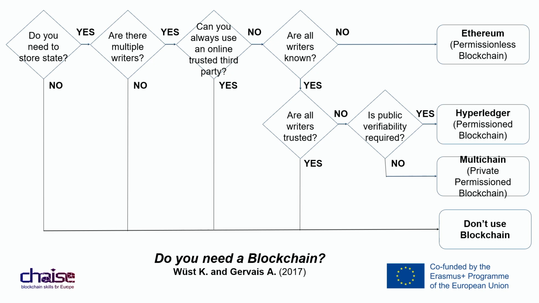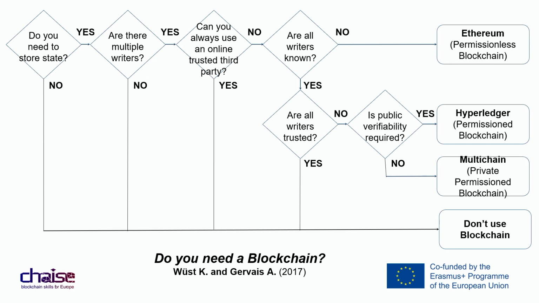If the answer is yes, then you can use Hyperledger Fabric, and if not, then you can use the multi-chain or private permissioned blockchain. The last question is whether public verifiability is required. It means: does the transaction which is performed require verification, validation or consensus before storing on the ledger or not?